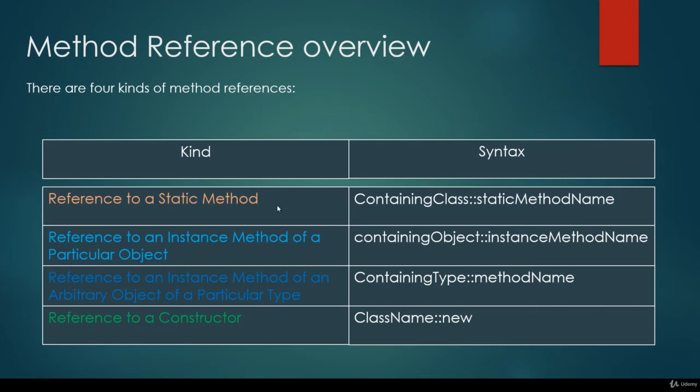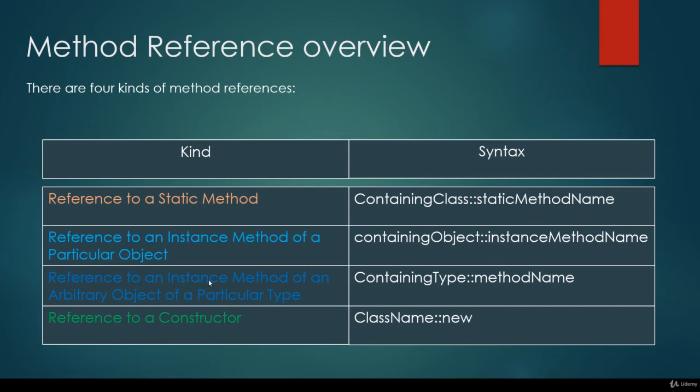Okay, so there are four kinds of method references. Reference to a static method: the syntax is class, double colon operator, static method name. A reference to an instance method of a particular object: in this case, we use the containing object, double colon again, and instance method name. It is very similar, and the syntax always contains the double colon operator.